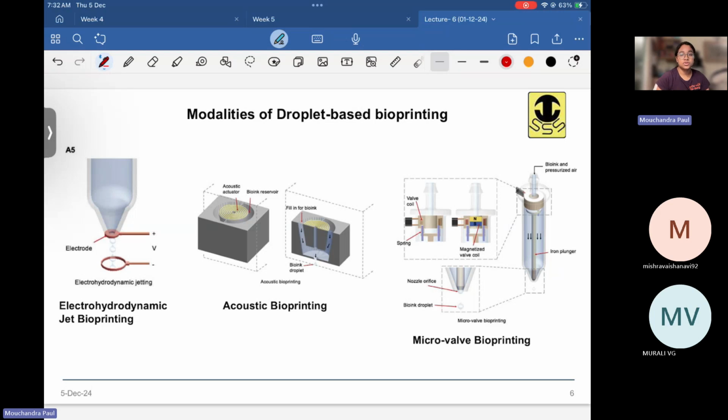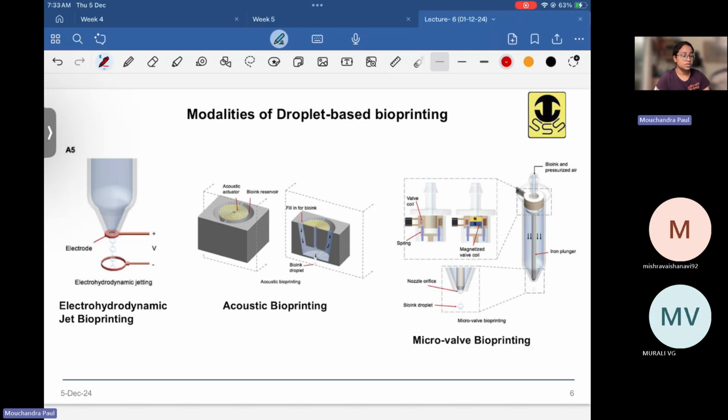When the electric field is switched off, the plunger moves down. The bioink cannot dispense out. So in this way, you're controlling the ejection of droplets by controlling the movement of the plunger through a microvalve system. So these are the few modalities of droplet-based bioprinting and a brief description of how they work.